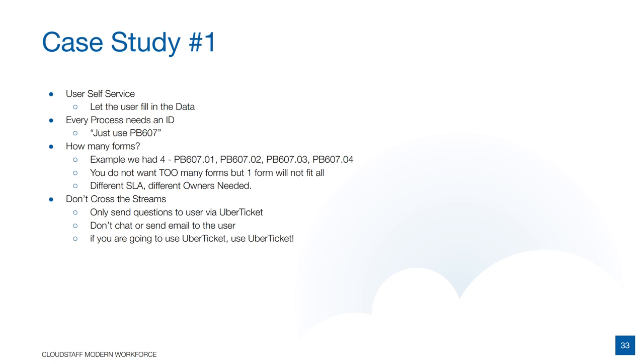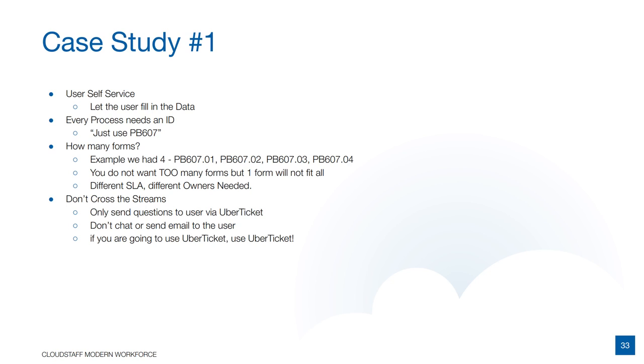Now you've got to be careful because you don't want too many forms, but you sometimes find that one form will not fit all conditions. So you tend to find that if there was a different service level agreement or different owners or different people who need to respond to the ticket, you would probably create different tickets or alternatively different processes.